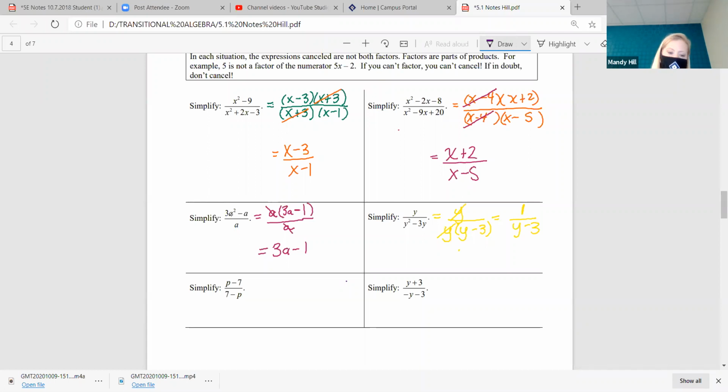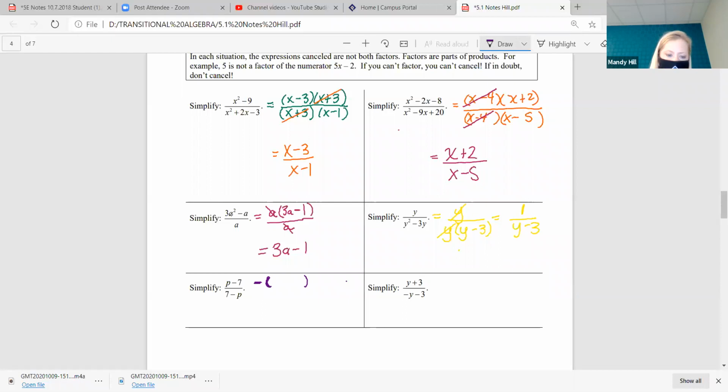This one is weird, but if you look at it, it's almost like they're opposites of each other. One of them is P minus 7 and the other is 7 minus P. So when you see this, we can get something to cancel out if we pull a negative out of one of them. When you take a negative out of something, it makes everything the opposite of whatever it was.